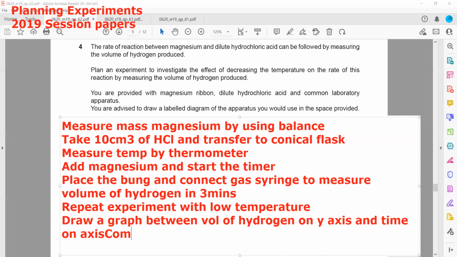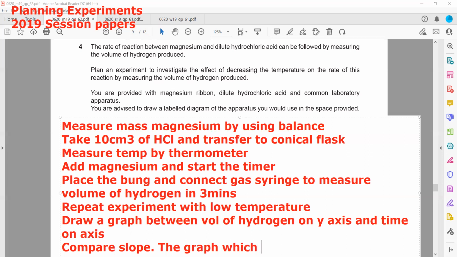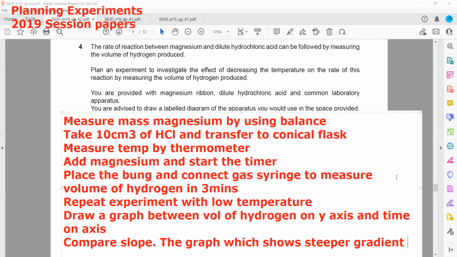Then compare the gradient of the graph. The one which shows the steeper gradient is the fastest.